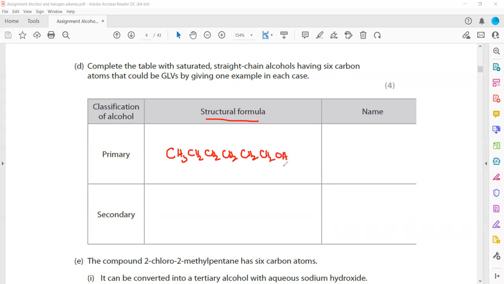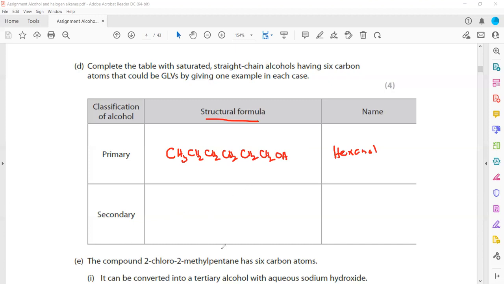That is the primary. And what is the name of this compound? Because 6 carbon atoms are there, hex. They have a single bond, so an, and because of the functional group, ol. So it is hexanol.